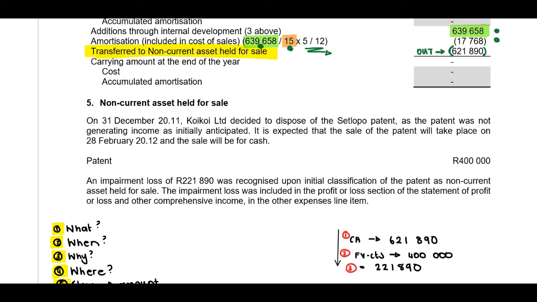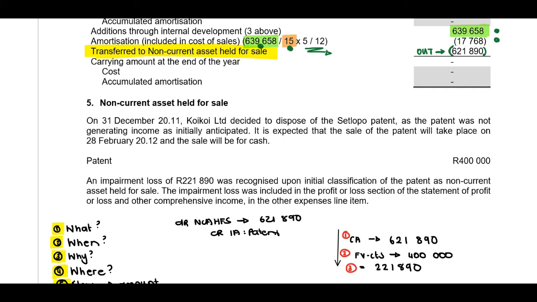Step 3, your impairment. If you were to recognize this, you would have debited your non-current asset held for sale, which is the patent, with 621,890, credit your intangible asset, which is our internally generated asset.